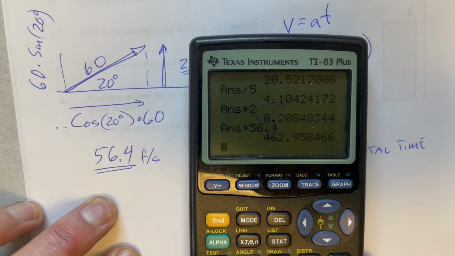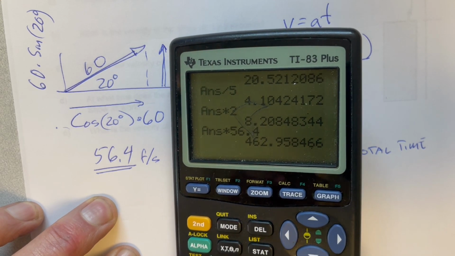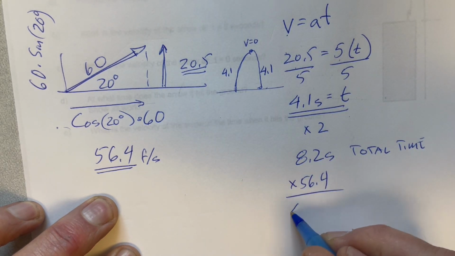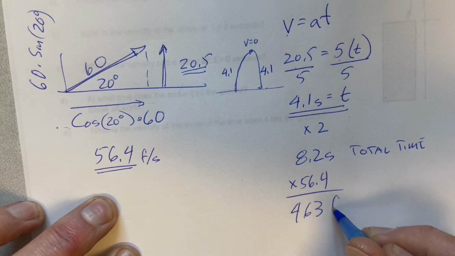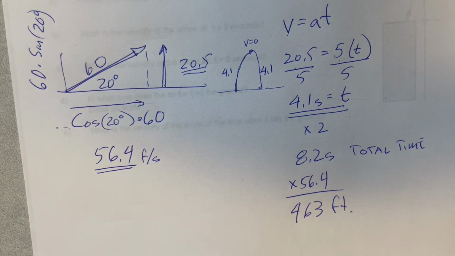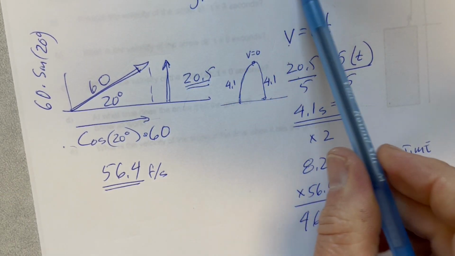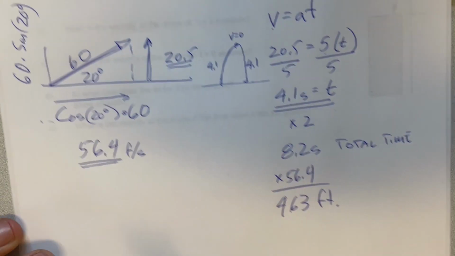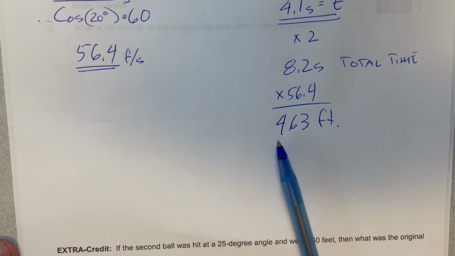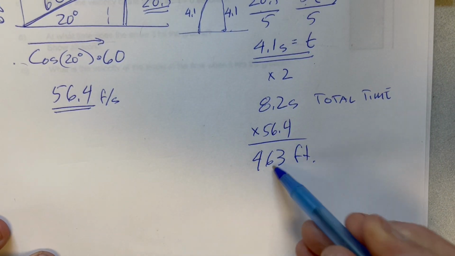I've not chopped any decimals, but that's about 463 feet. Okay? So how far did the ball travel before hitting the moon's surface again? Show and describe your work. I would maybe take a little bit more time to get through, but that is the basic answer.